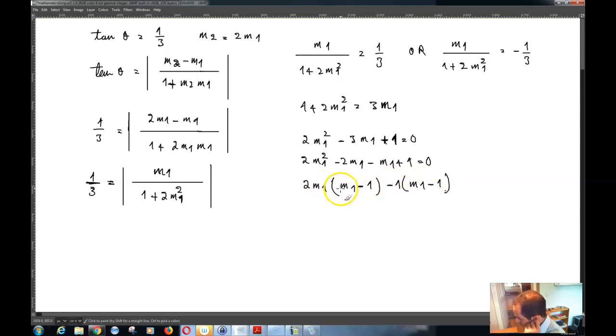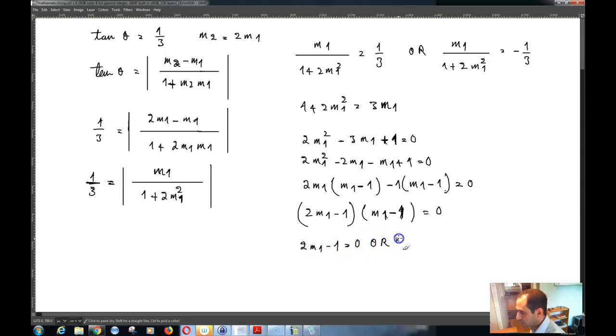So here you have 2 times m1 squared, negative 2m1, and negative m1 plus 1 is equal to 0, and that gives you 2 times m1 minus 1 times m1 minus 1 is equal to 0. What that means is that either 2 times m1 minus 1 is equal to 0, or m1 minus 1 is equal to 0.